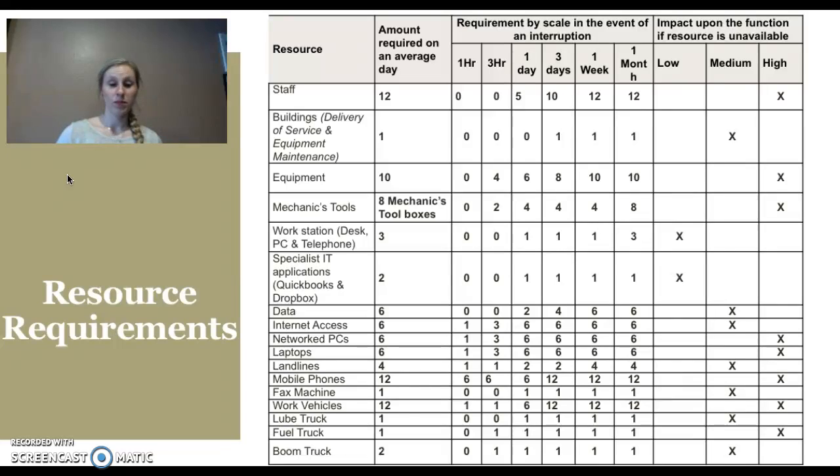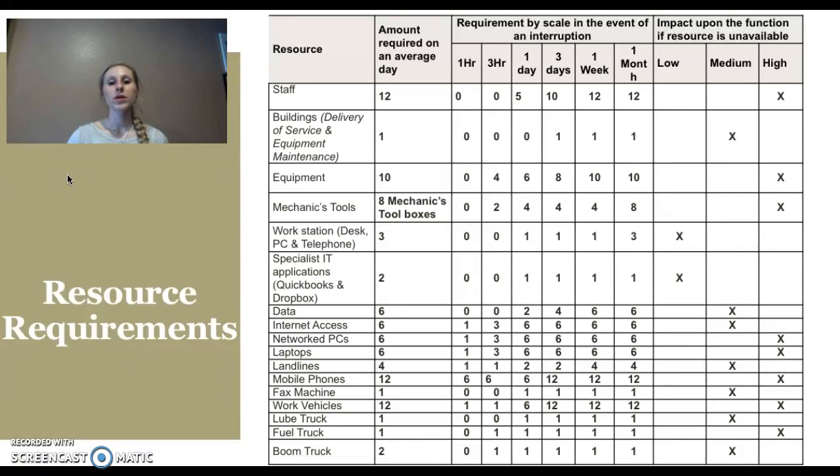If there were to be equipment within the shop and a disaster were to occur, we'd also lose those resources, as well as the mechanics' tools. There are about 8 mechanics' toolboxes within the shop, though there are alternate ways to get those resources from various vendors. Still, that would be a huge loss to the mechanics and Midstate.